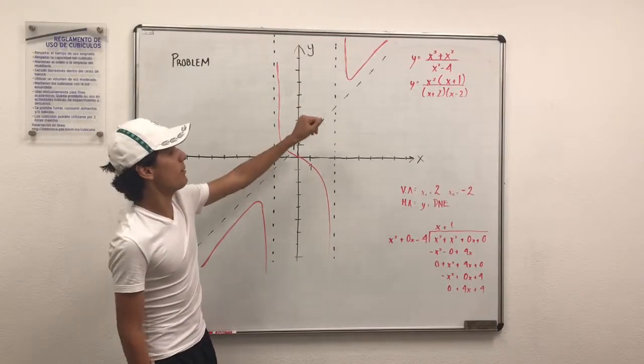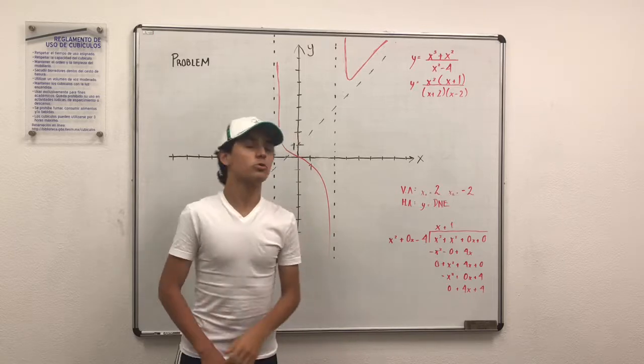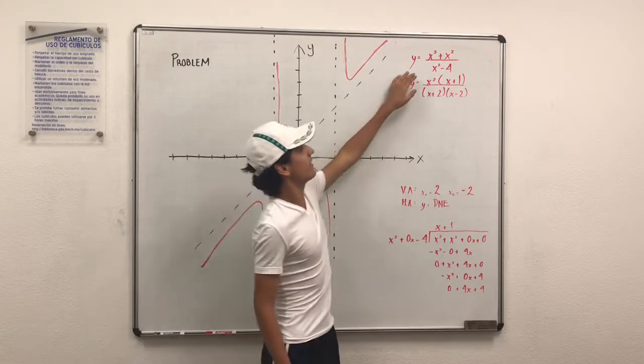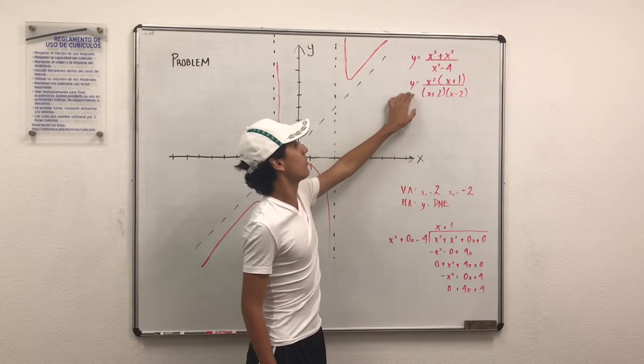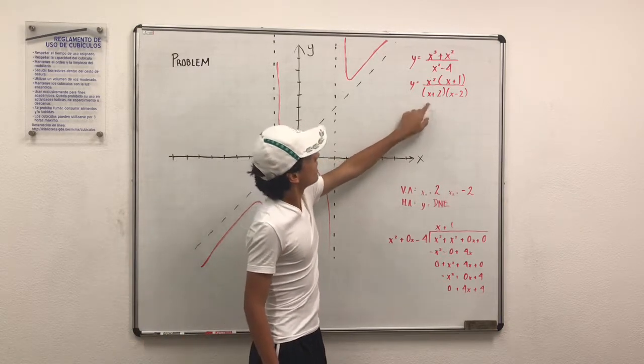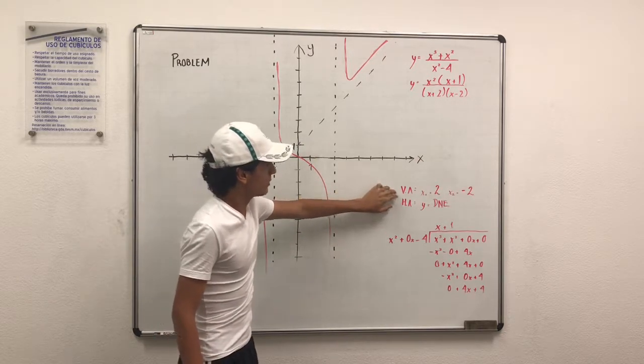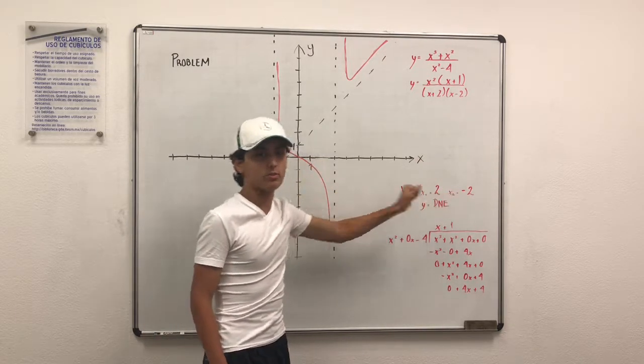Okay, so now to solve the problem, which is this one. First of all, we need to get our vertical asymptotes. We would have to factorize the denominator, which would give us this: y equals x squared times x plus 1 over x plus 2 times x minus 2. That would tell us that our vertical asymptotes are 2 and minus 2.